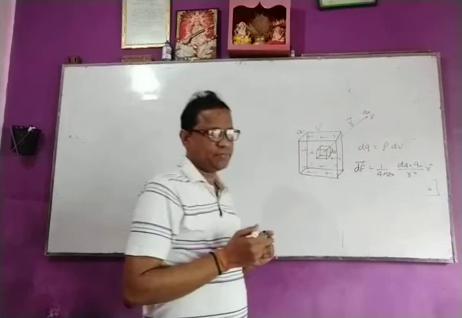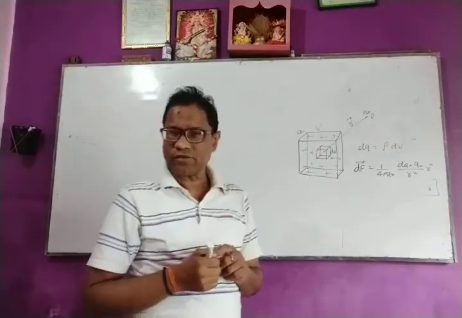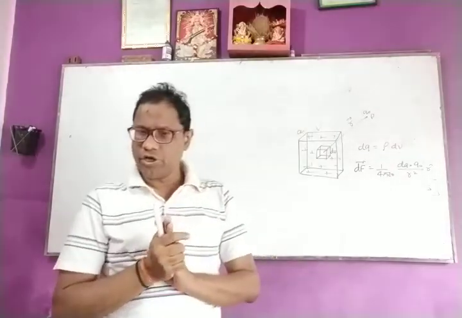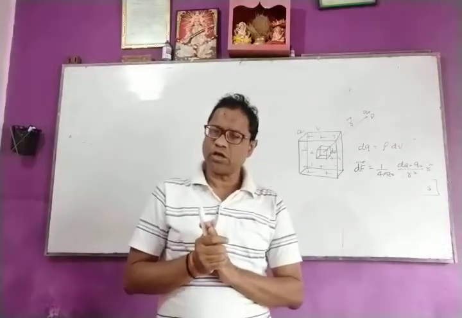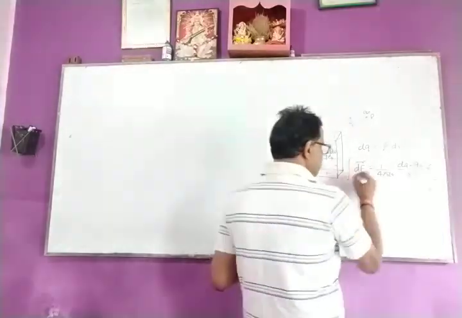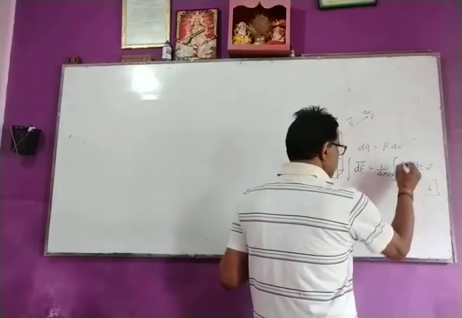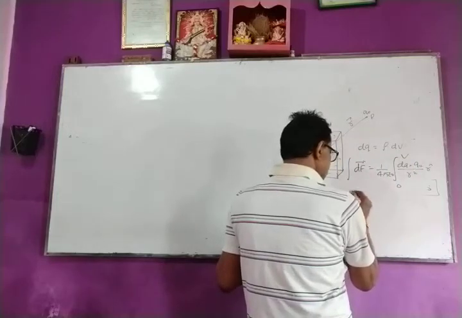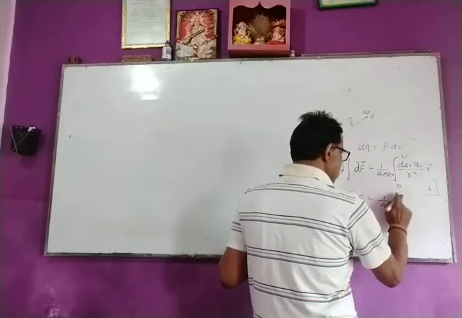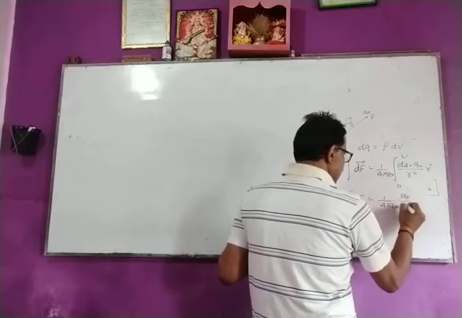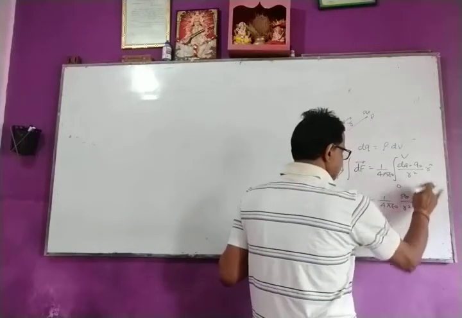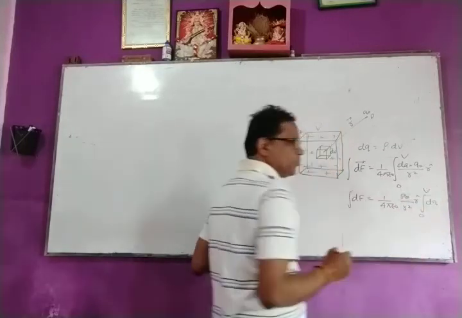On integration, total force on q naught due to the charge on the whole volume, 0 to V. So F is equal to 1 by 4 pi epsilon naught q naught by r square into r cap into dq, 0 to V.